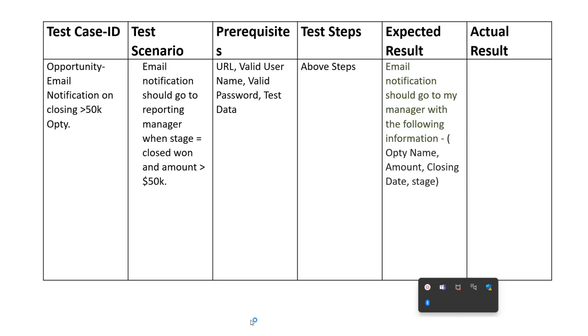So I have not written the steps here, but you can consider the same step that I have described in the previous slide. And expected result, email notification should go to the primary contact, not the manager, with the following information: opp name, amount, and closing date. The actual result you will capture when you will execute these steps in the test environment.